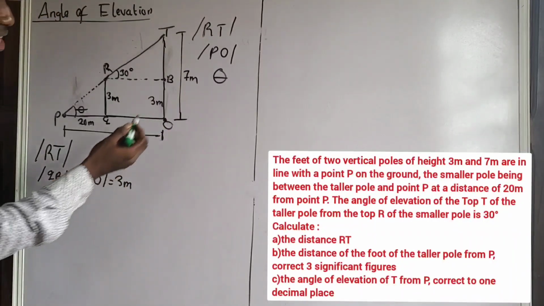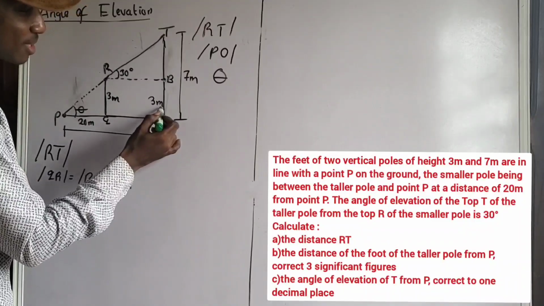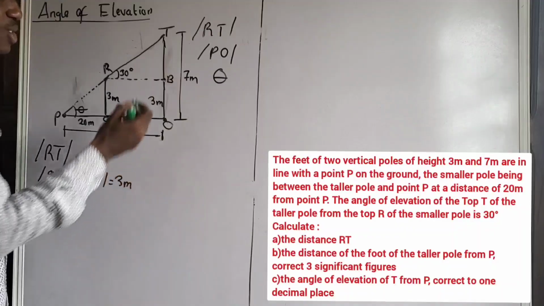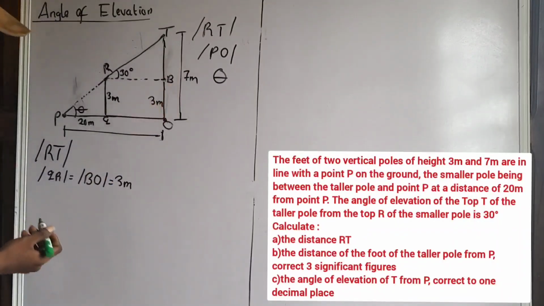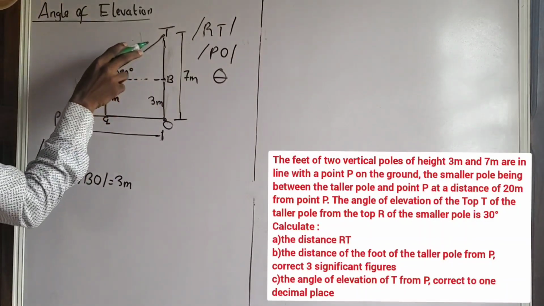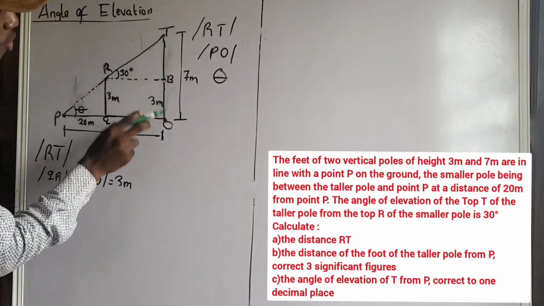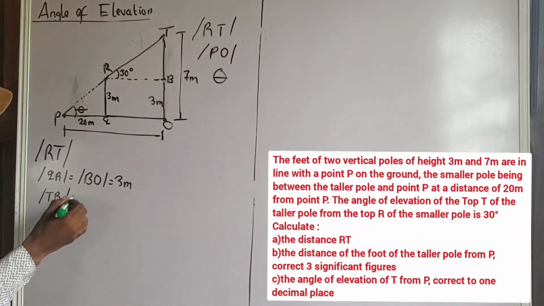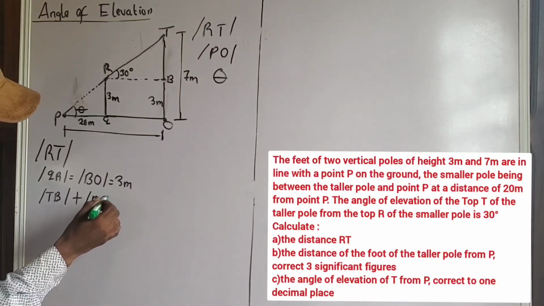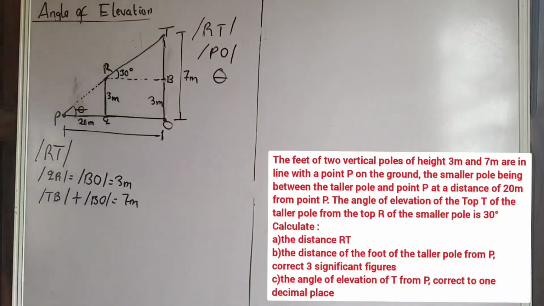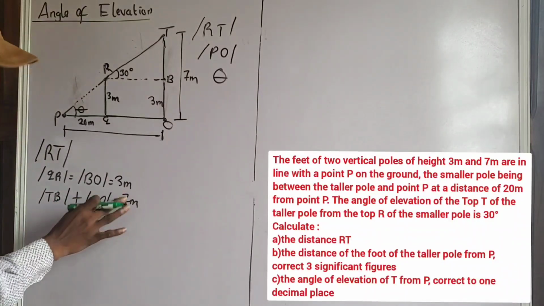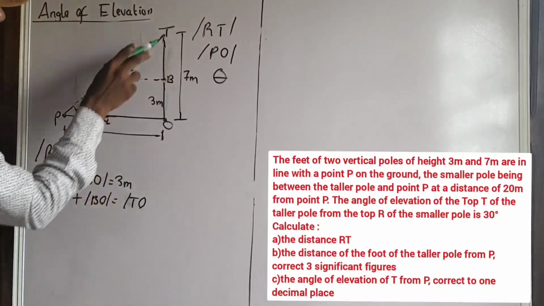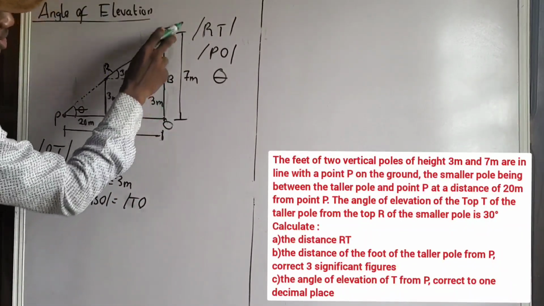Now, if the distance from this point to this point is 3 meter, and we have been given that the height of the total pole is 7 meter, let's take it step by step. Line TB plus line BO equals 7 meter. Or you can put line TO, because the total length is TO.